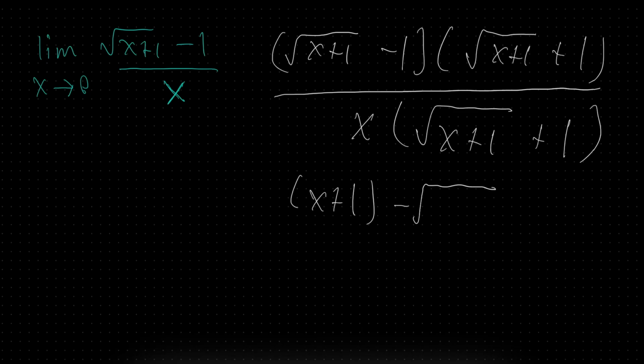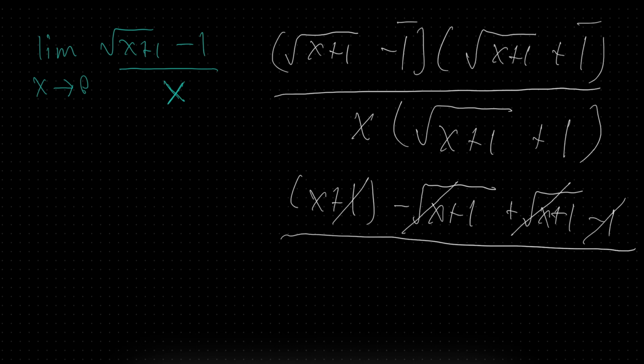And you end up getting x plus 1 minus root x plus 1 plus root x plus 1, and then negative 1 times 1 is going to be negative 1. So this is going to cancel out with this, and this positive 1 is going to cancel out with this negative 1. All of that over x times square root of x plus 1 plus 1.